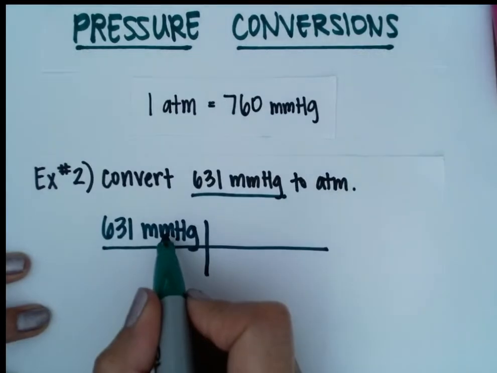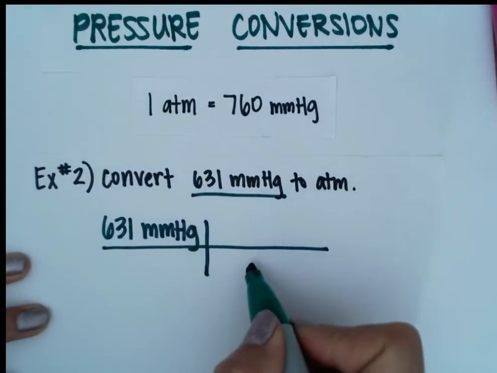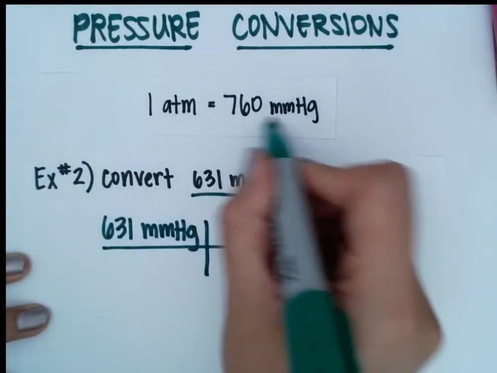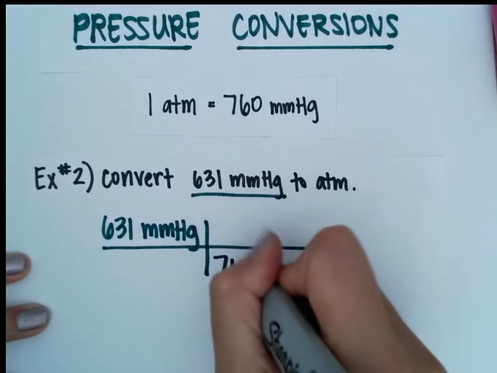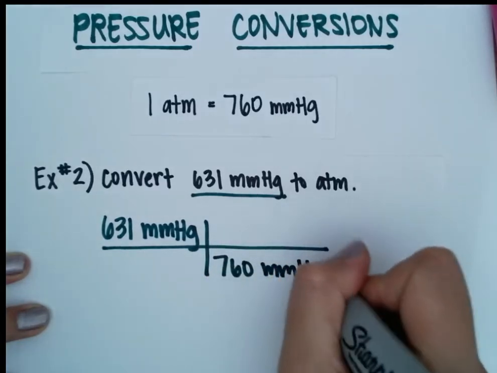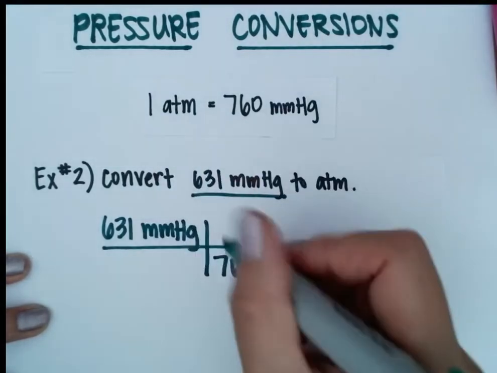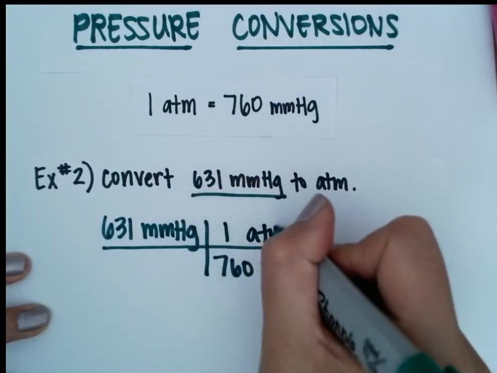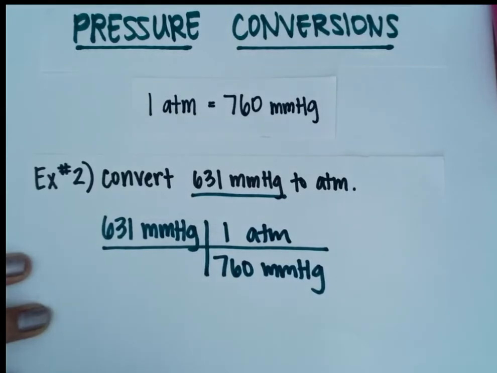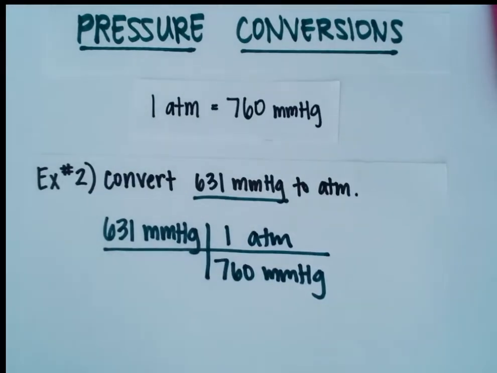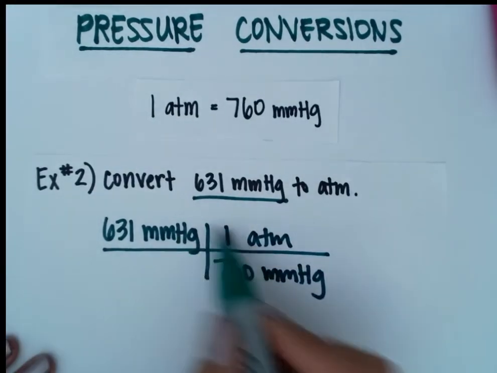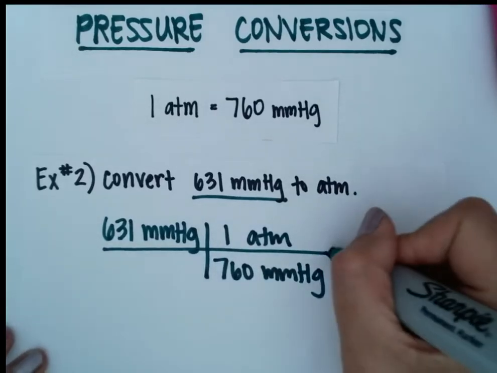Remember, whatever unit we start with is the same unit that goes down here, so that they cancel out. So I'm going to take 760 mmHg and put that there. That's equal to 1 ATM, so that goes up top. Okay, again, we multiply across, divide top to bottom.